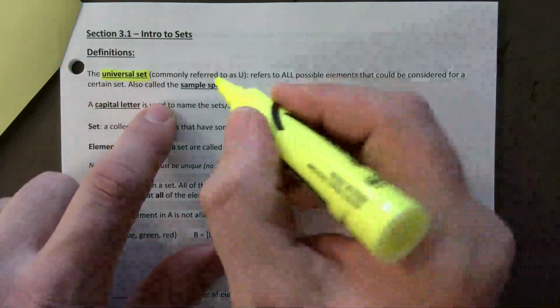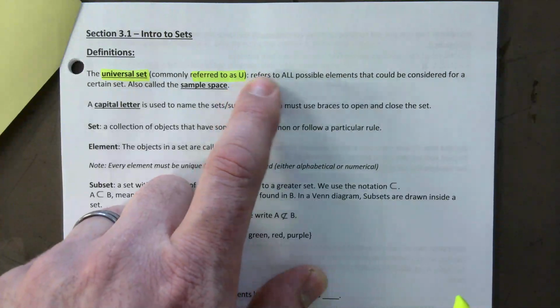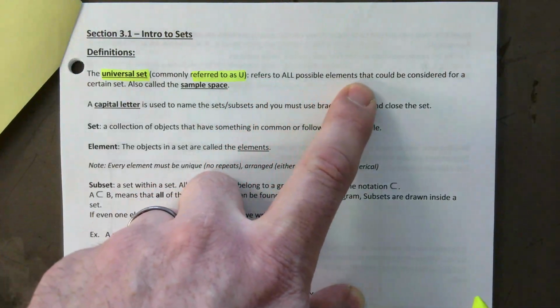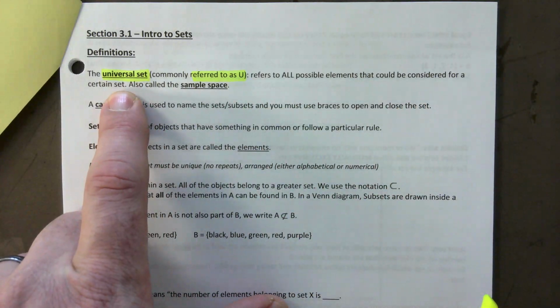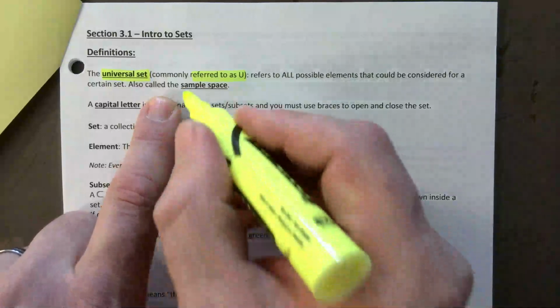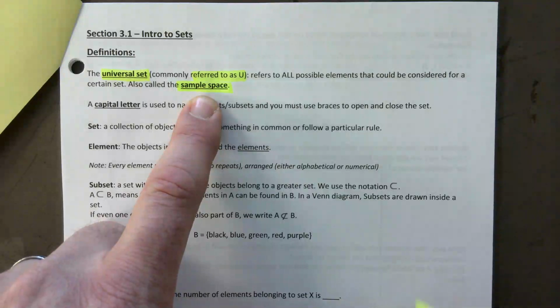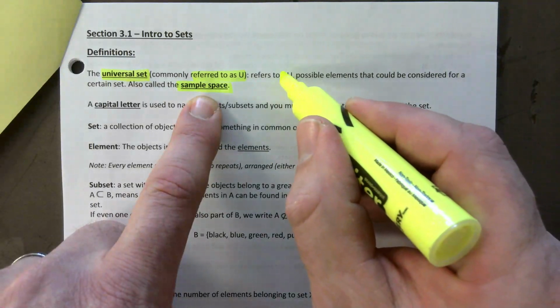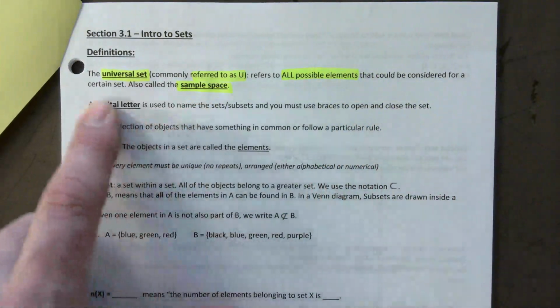It's usually referred to as set U. It refers to all possible elements that could be considered for a certain set. Sometimes it's also known as the sample space. I will also highlight all possible elements right there. That is the universal set.